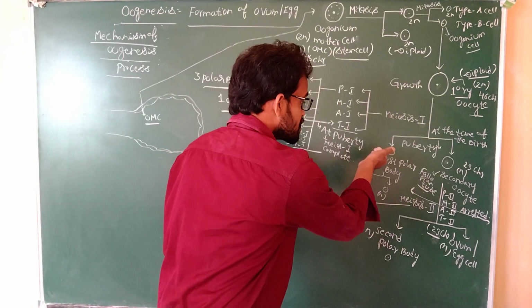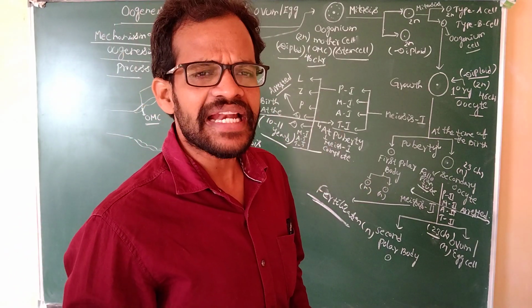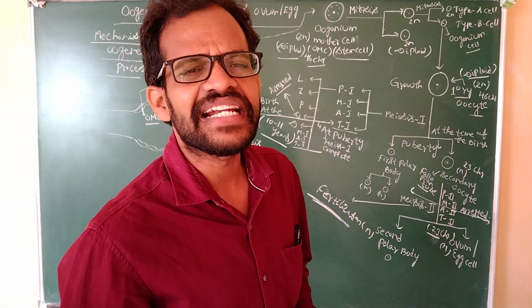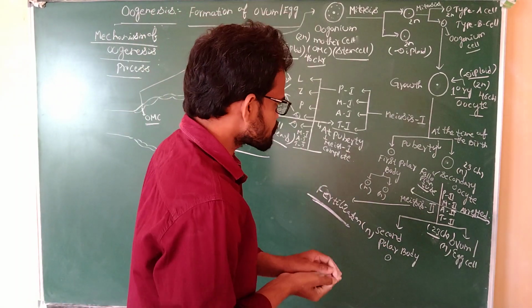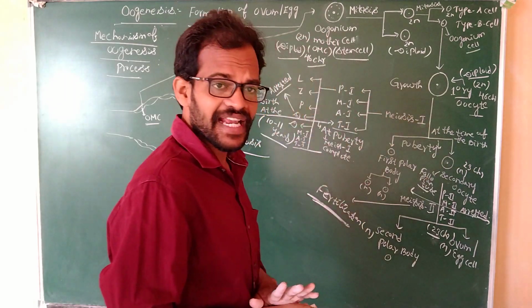The second polar body and first polar body are both degenerated. The main reason is that the cytoplasm content is less. The primary oocyte converted into the first polar body and secondary oocyte.